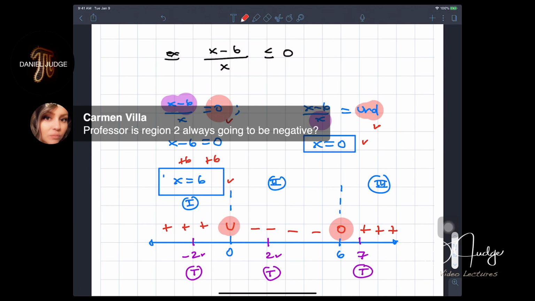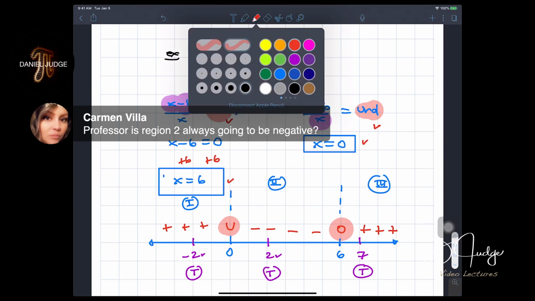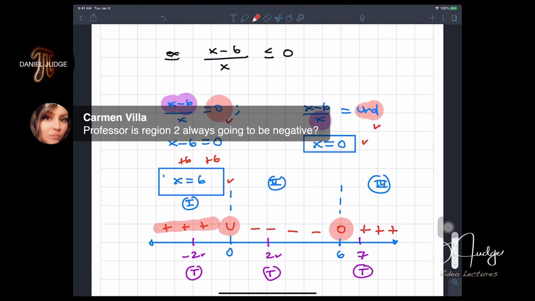Generally speaking, the answer is no. It's not always going to be positive, negative, positive. I can understand. You guys are going to say, Mr. Judge, I did 40 of these, and I always got positive, negative, positive. Isn't that always happening? Well, generally speaking, no. But when you first learn the process, yes.